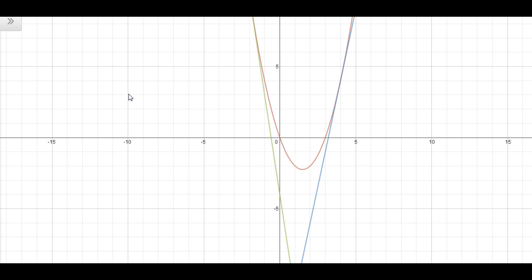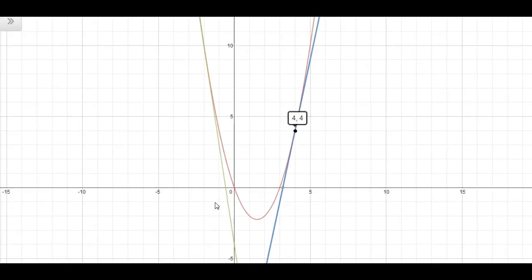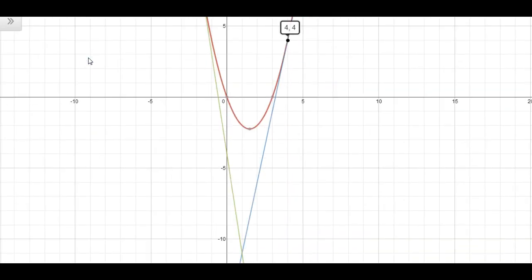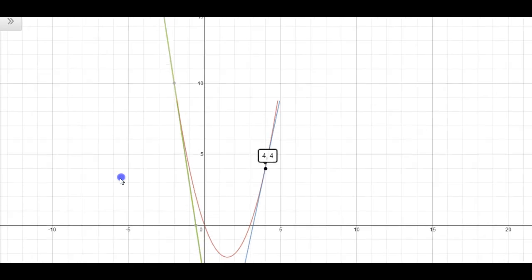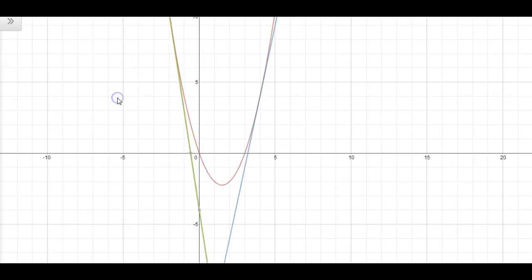So what did we say it was at 4? And at negative 2, let's drag that down a bit. So there we go. And point 1, negative 11. Tangent line. Slopes. Points. Graphs.